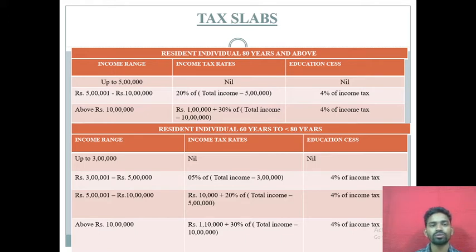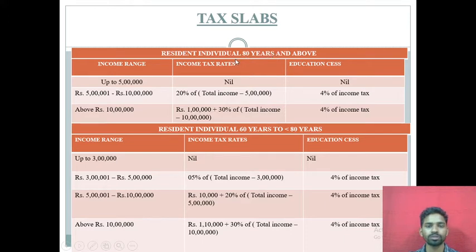Actually there are three categories for the purpose of slab tax. The first one is resident individual 80 years and above.